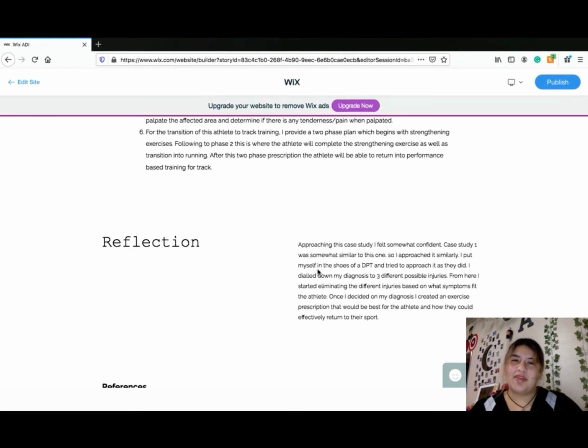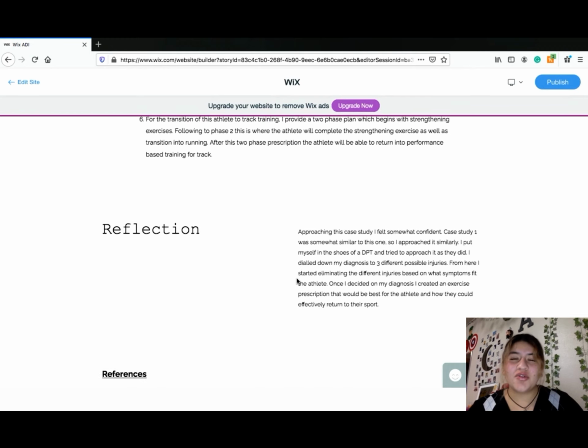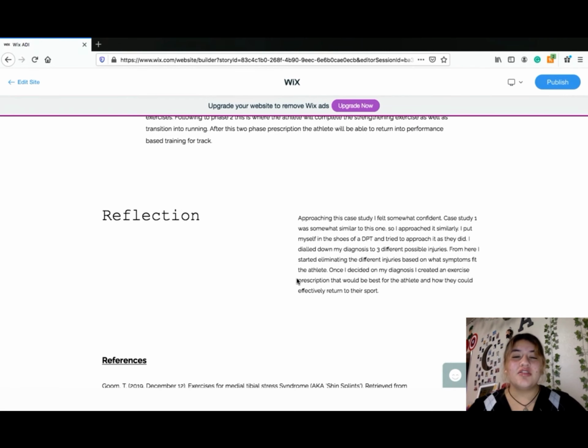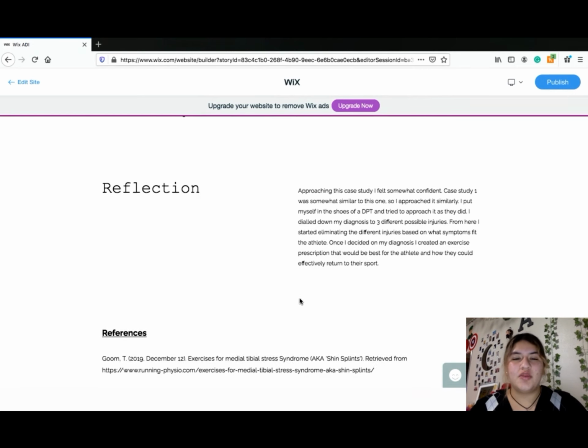After all, I'm not licensed, I'm not certified, so I really don't know if I chose the right diagnosis, but I felt a little bit more confident on the diagnosis I chose because I was able to see 3 different injuries, and I was able to kind of use process of elimination. I felt a little bit more confident taking that approach rather than the first time where I kind of just doubled down on one diagnosis. I feel a little more confident on what I chose.